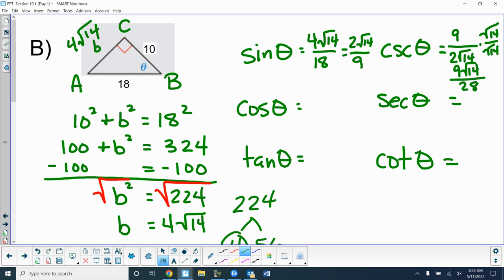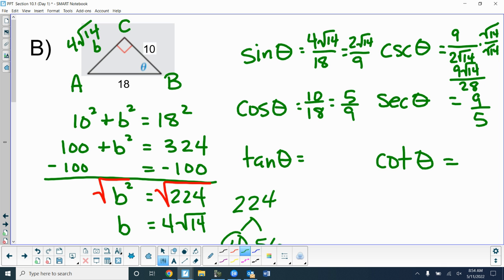Cosine. Adjacent over hypotenuse: 10 over 18. Does that reduce? To what? 5 over 9. Good. So what's secant? 9 over 5. Tangent.